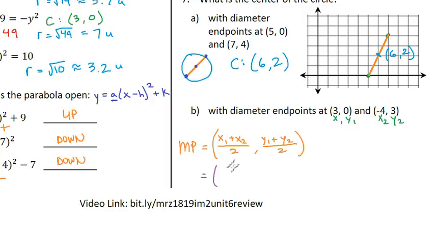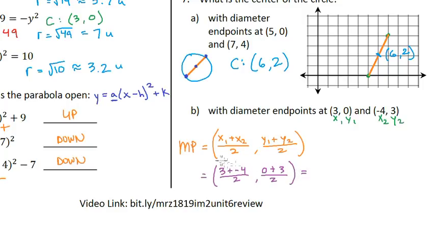X sub 1 is 3 plus x sub 2 is negative 4, divided by 2. And then y sub 1 is 0, plus y sub 2 is 3, and that's divided by 2.